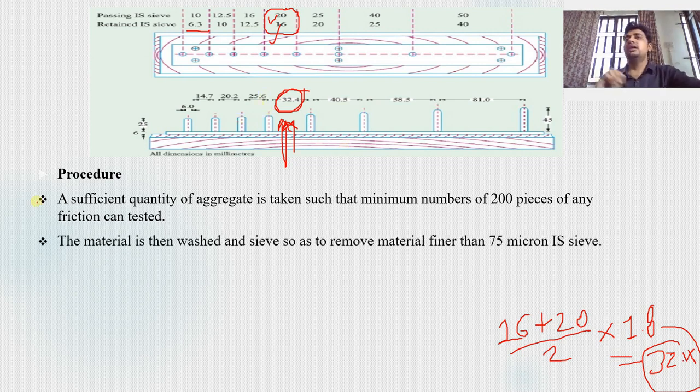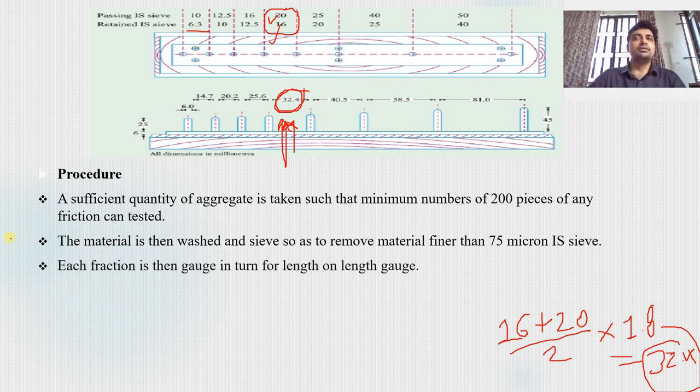The material is then washed and sieved so as to remove the material finer than 75 micron, and each fraction is then gauged in turn on the length gauge. We have taken 16 mm and 20 mm, meaning 16 mm retained and 20 mm passing.